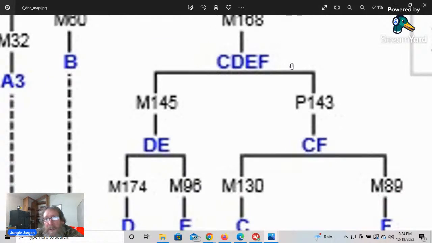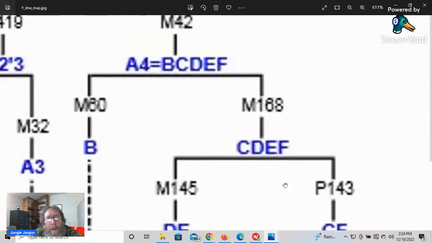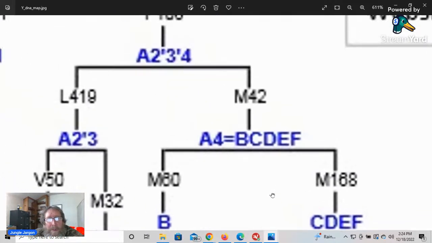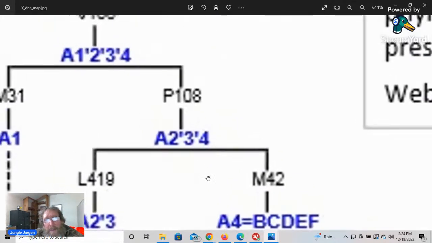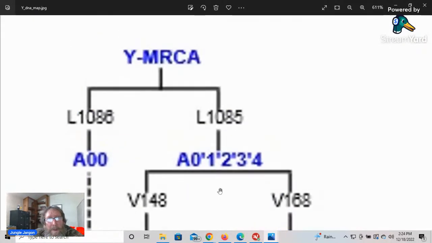In other words, C, D, E, and F, which means F means the rest, everybody else too. So this is something we have to address if we're going to defeat the out of Africa most recent common ancestor.